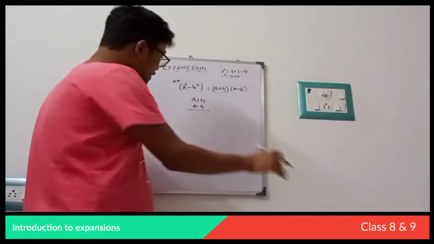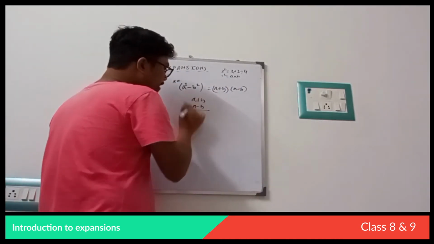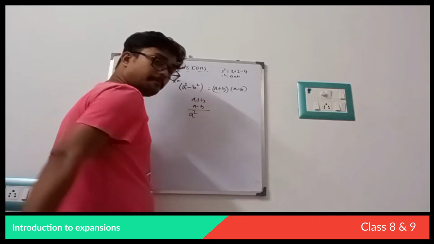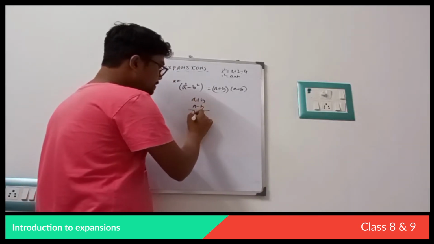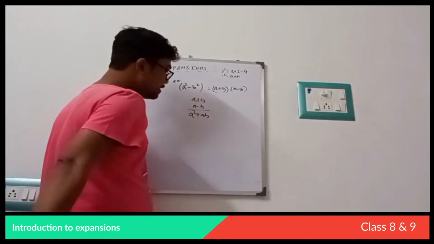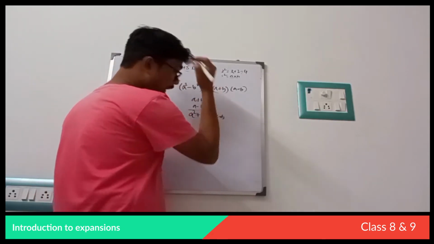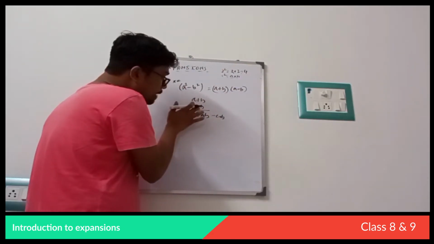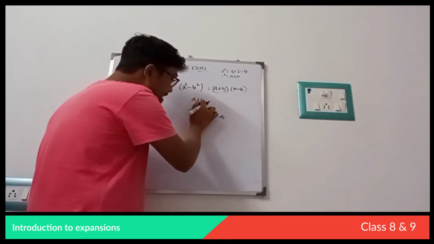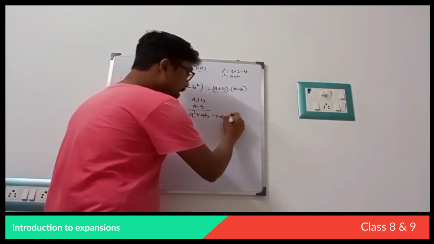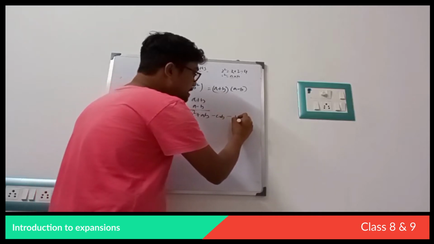Now, a into a is a square, plus a into plus b, ab, plus a into minus b, that is minus ab. I again repeat, plus a into minus b equal to minus ab, and minus into plus, that becomes minus b into b, that is b square.